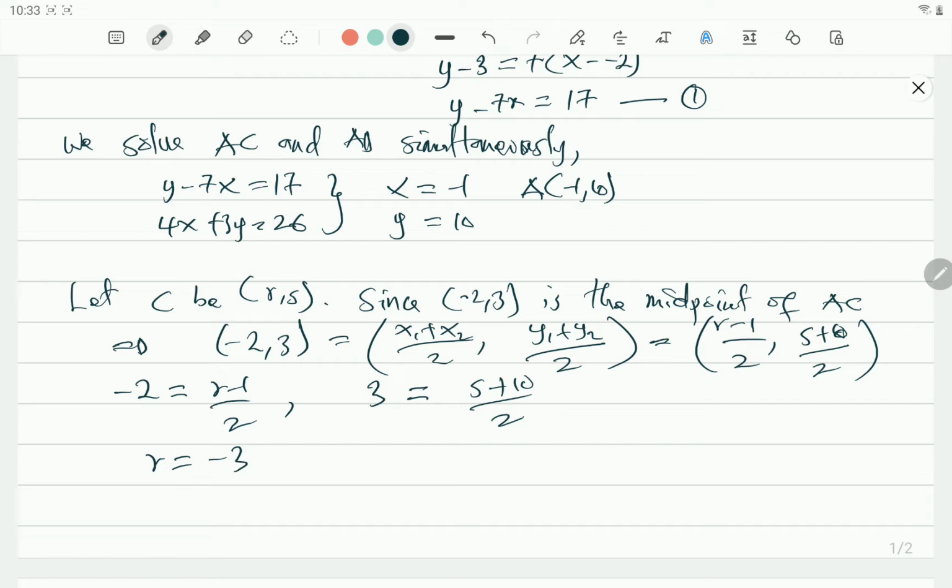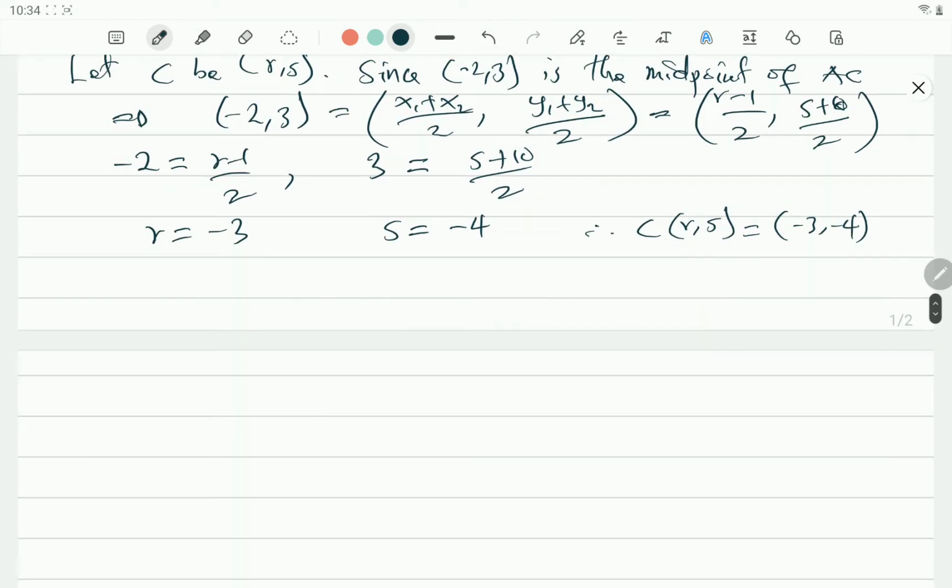R to be equal to minus 3, and we have s to be equal to minus 4, right? Minus 4. So therefore C, which was RS, is actually minus 3, minus 4. So far we have two of the points.